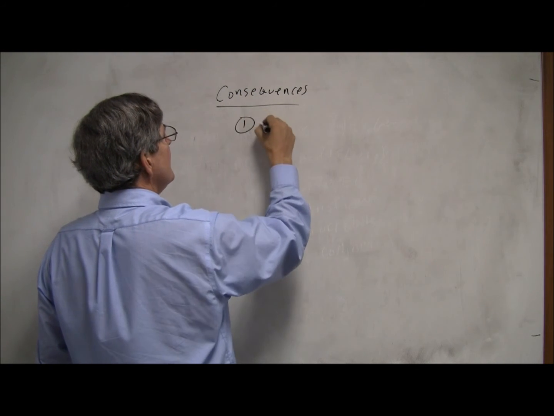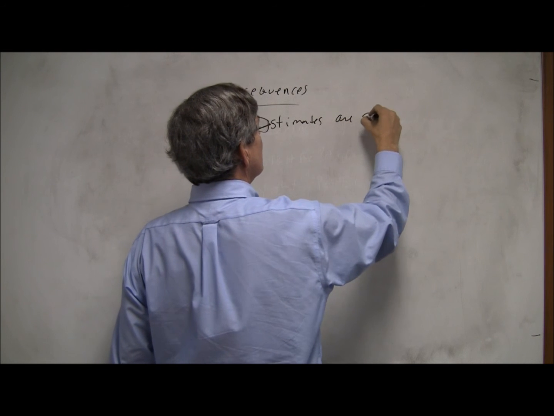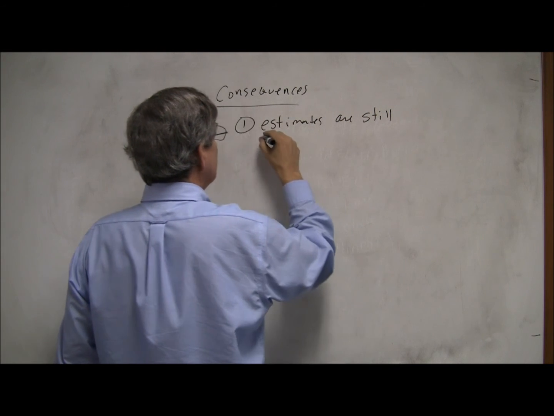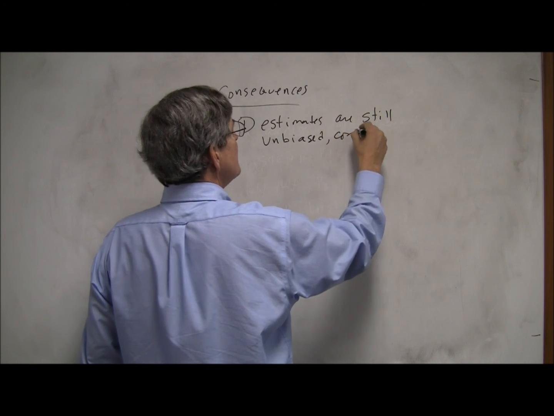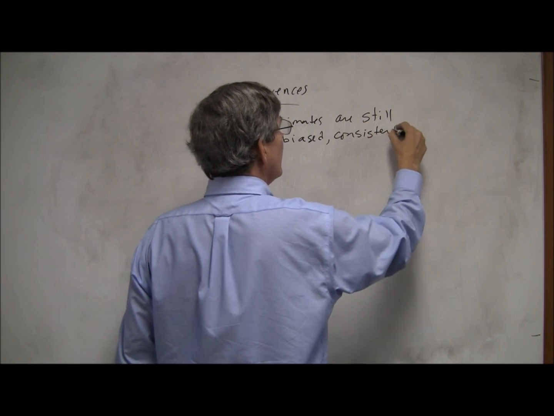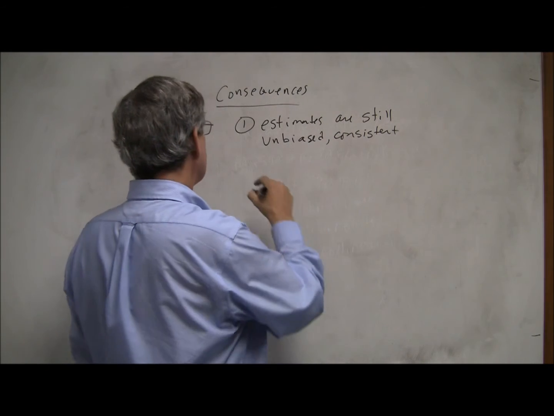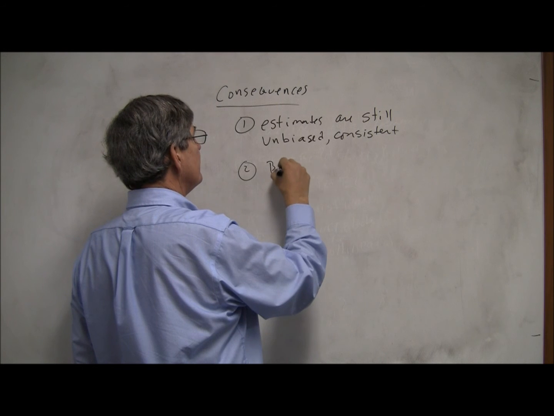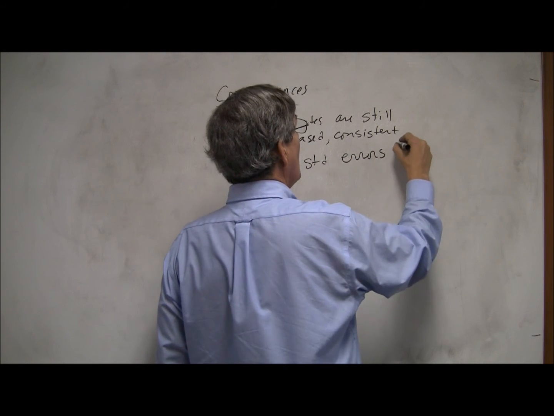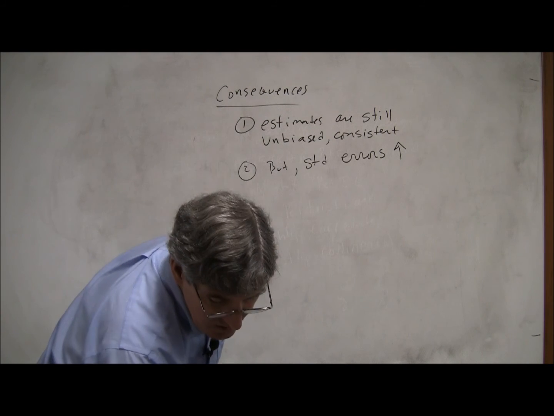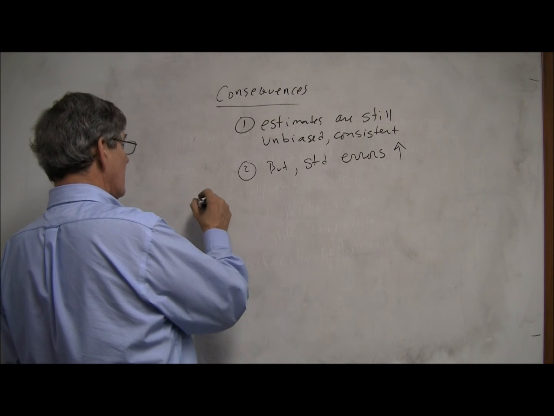Well, the first is that the estimates are still unbiased and consistent. So it doesn't mean we can't estimate the model, and it doesn't change the bias or the consistency. The problem is that the standard errors go way up. You get huge standard errors in the presence of imperfect multicollinearity. Here's why.